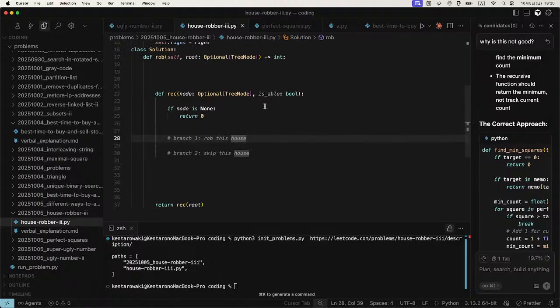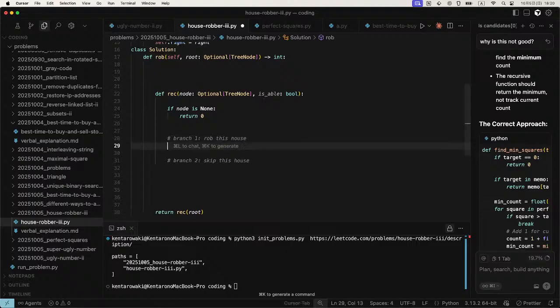We have to take a flag for whether we can rob the house.